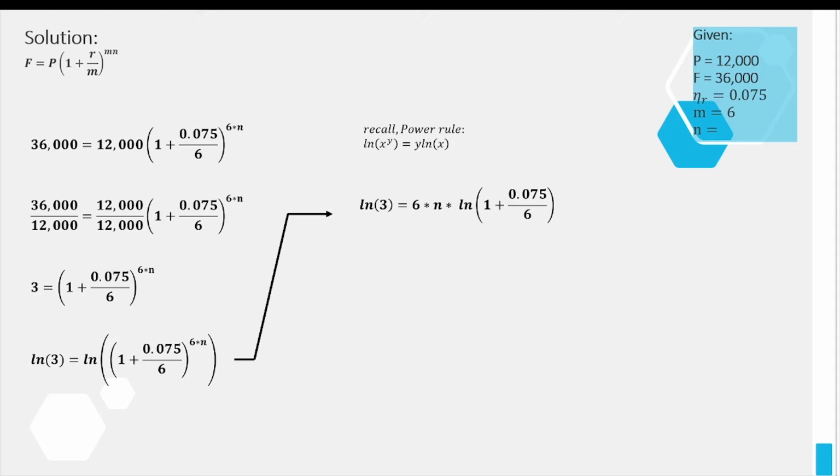So we obtain n as the natural log of 3 over 6 times the natural log of 1 plus 0.075 over 6. Therefore, we obtain 14.74 years, or 14 years, 8 months, and 27 days.